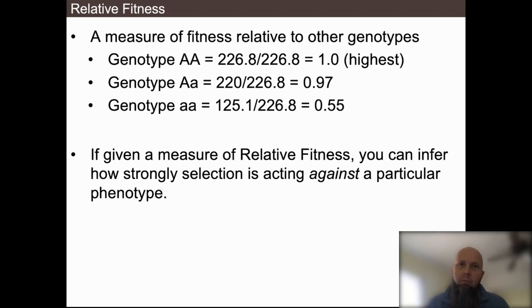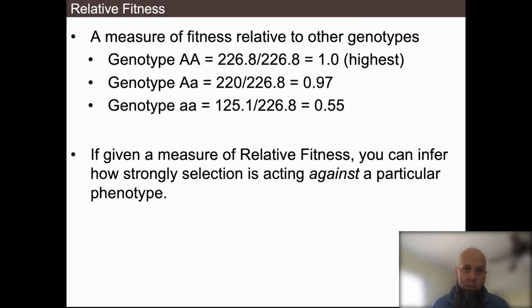Now, for the heterozygous genotype, you divide by 226.8 and you get 0.97. You divide the homozygous recessive genotype's absolute fitness by 226.8 and you get 0.55. These three numbers are the relative fitness, but what they tell you is that the heterozygote is 97% as fit as the homozygous dominant genotype.